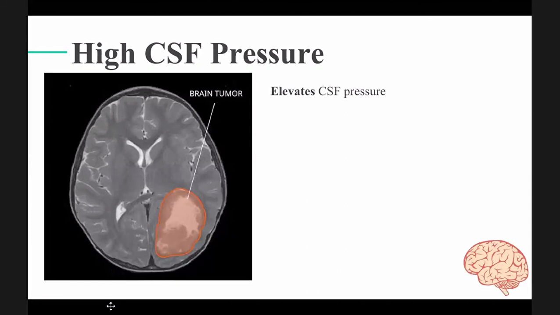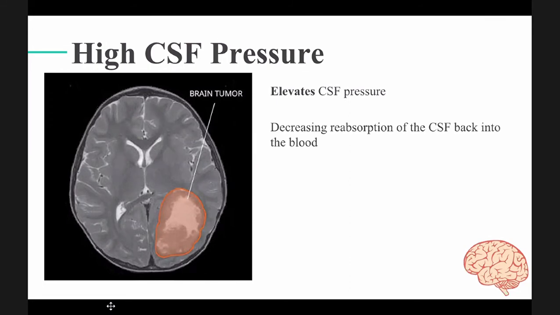So if the brain tumor is at the center, away from the flow of the CSF fluid, then somehow it will not affect. But if this tumor is increasing in size and it blocks somewhere along the way of the flow of the CSF, then the CSF volume will increase and the pressure itself will also increase.